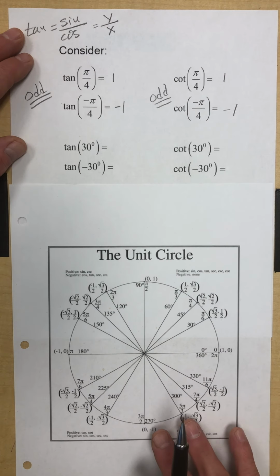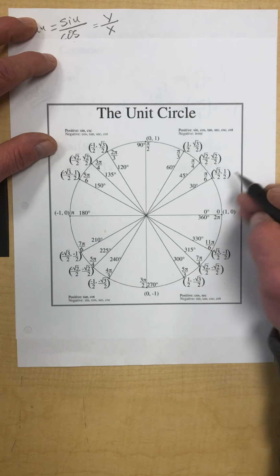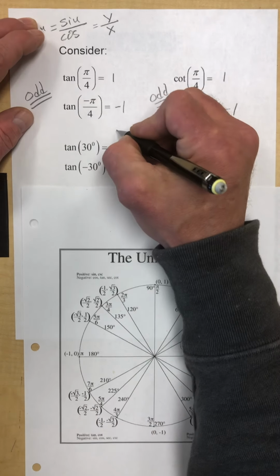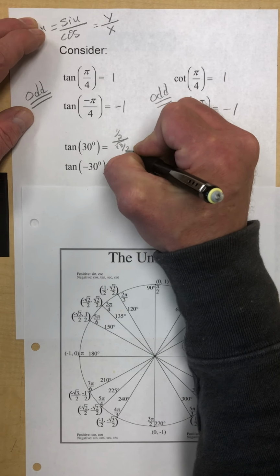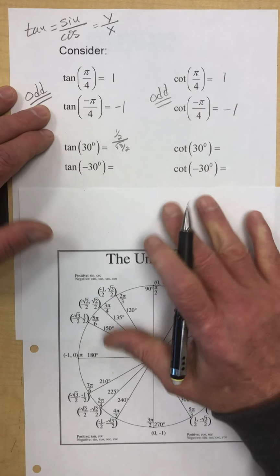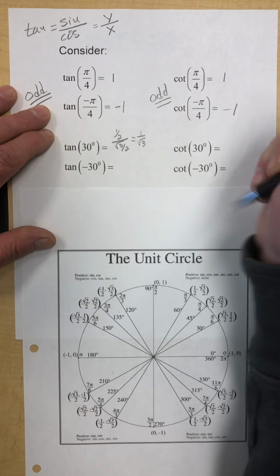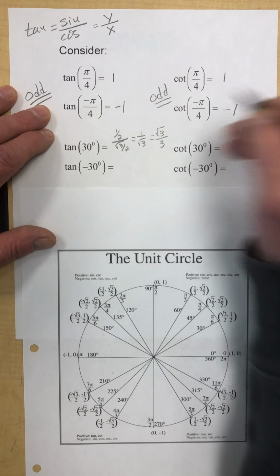So if we do tangent of 30 and negative 30, let's see. Tangent of 30 would be y over x. So we're going to get 1/2 over radical 3 over 2, which would end up giving us 1 over radical 3, which is the same as radical 3 over 3.